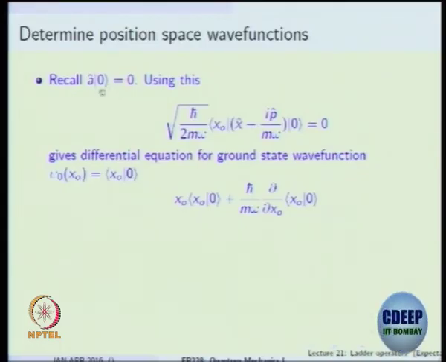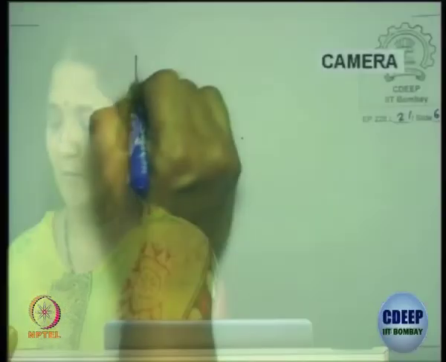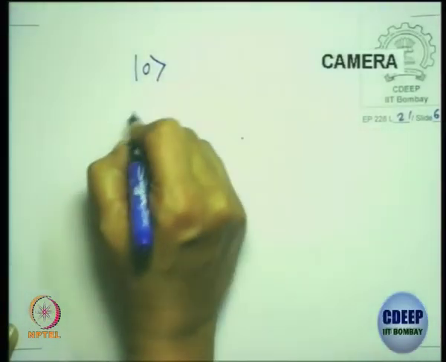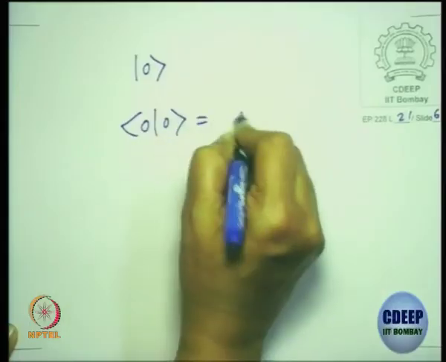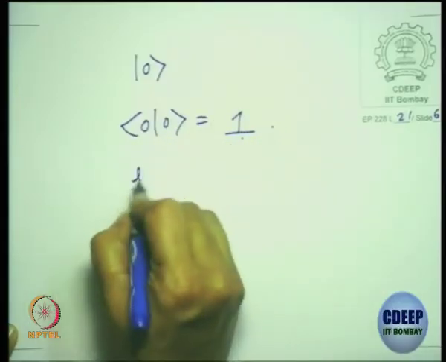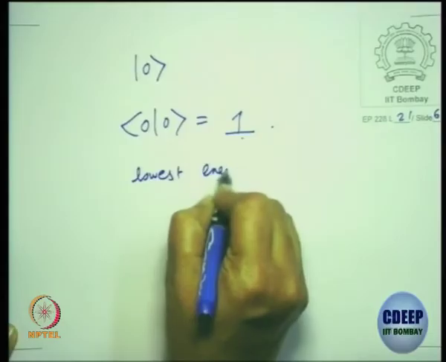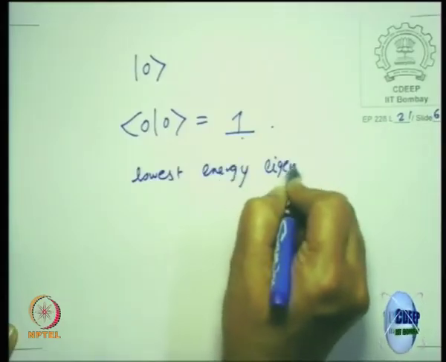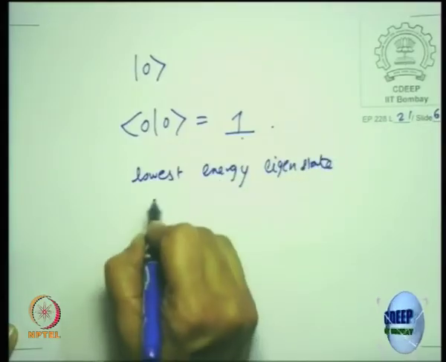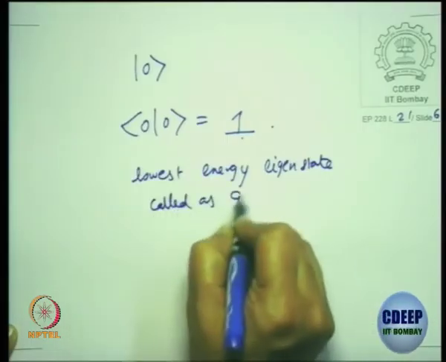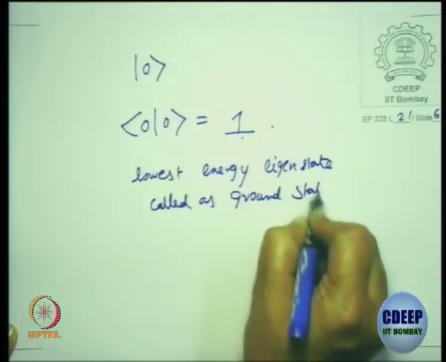Norm of the 0 state is 1. Okay. So please remember that just because I write a 0 here, you should not interpret it as a null vector. You can call the 0 a vacuum state. 0 has the property that inner product of 0 with 0 is 1. It's the lowest energy eigenstate, called the ground state or vacuum state.